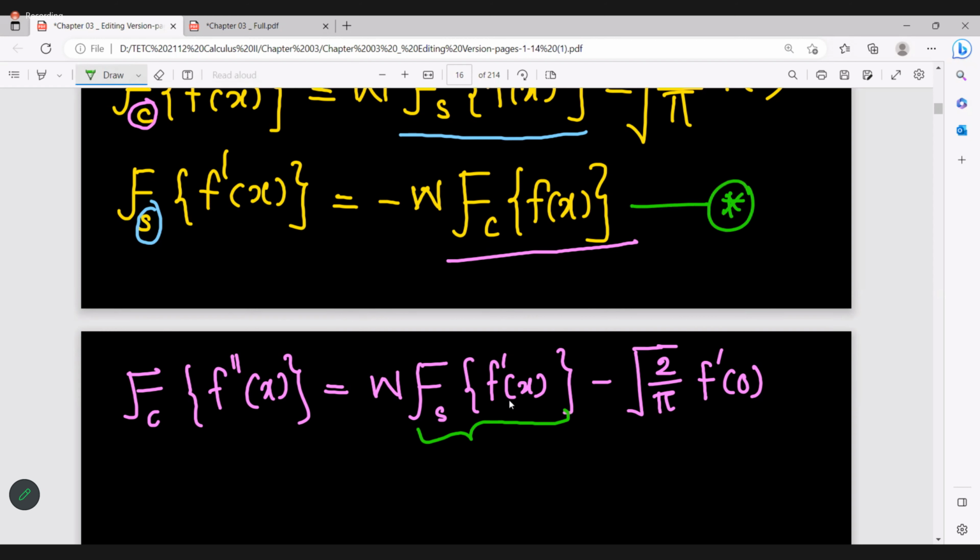This part is equal to the left hand side of this equation star. So we can replace this Fourier sine transform of f dash x by minus w times the Fourier cosine transform of f of x. Is it clear?